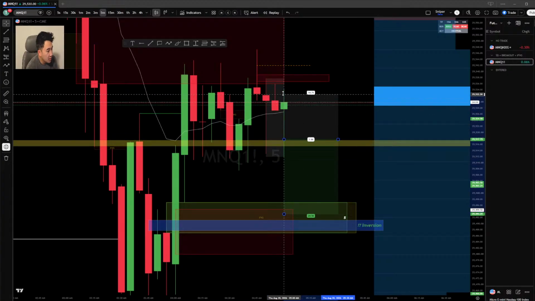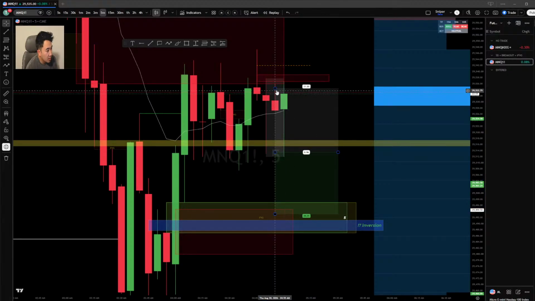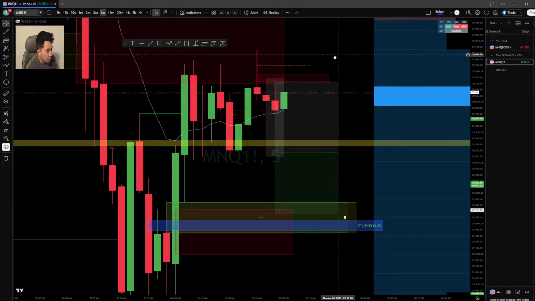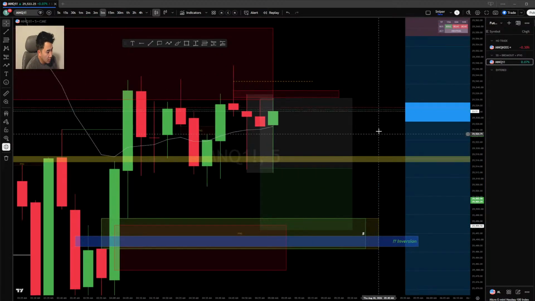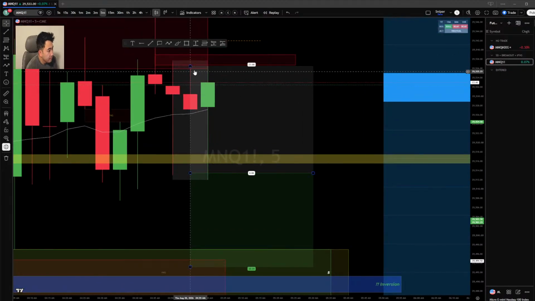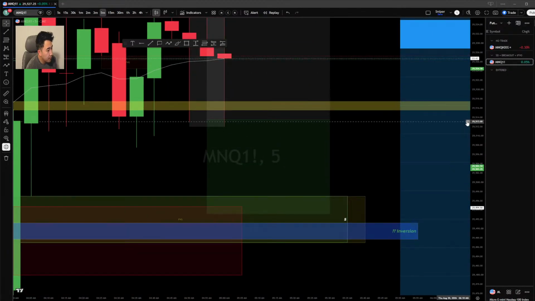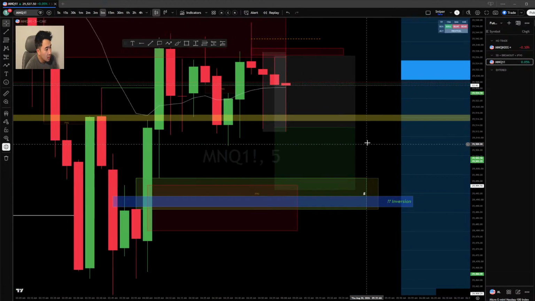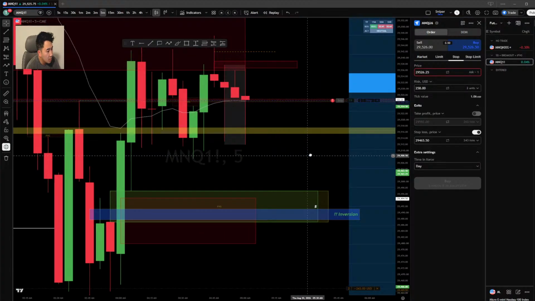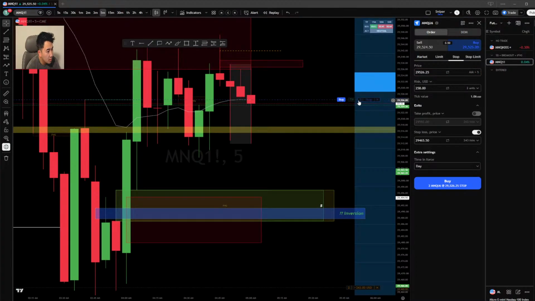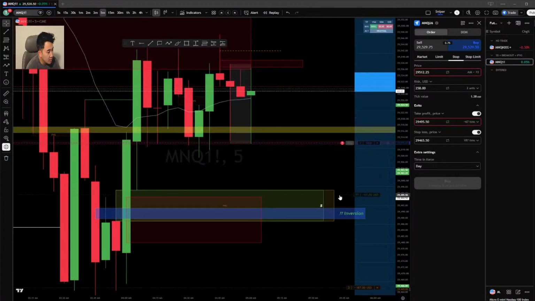If it does, I would take a short position if it closes kind of like down here. So if it closes down here, TP somewhere down.